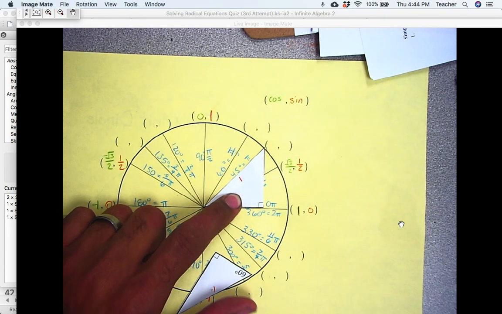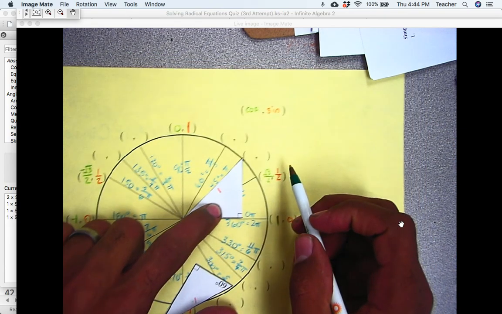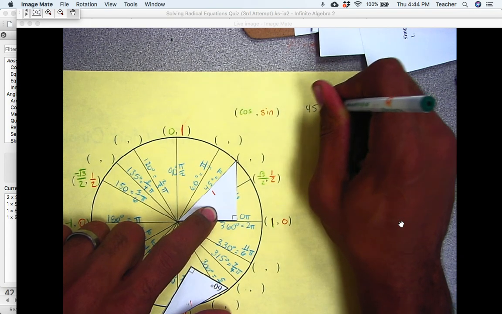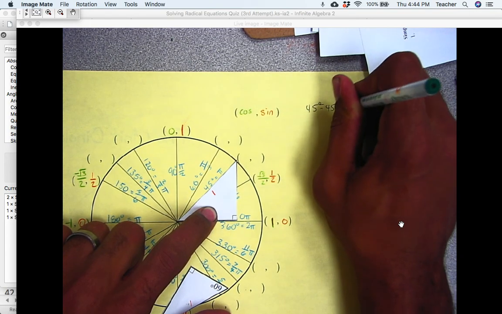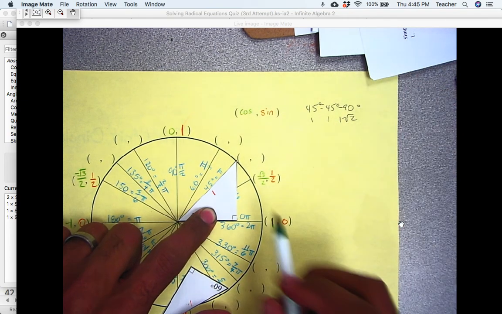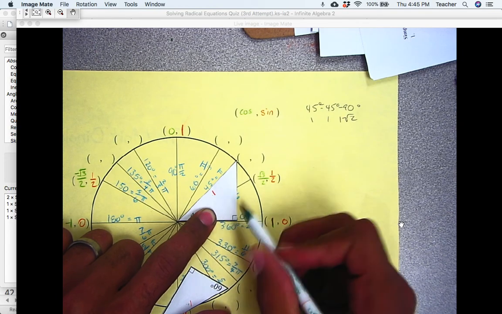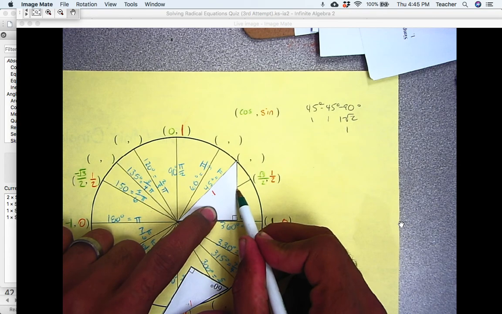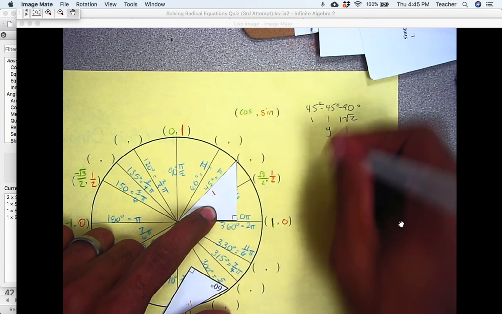So what I'm going to do is use the ratio that we already know, the 45, 45, 90 ratio. I know that 1, 1, rad 2 is the ratio there. And I already know the side that's across from 90 degrees, so that goes here. We'll call this side y and this side x.